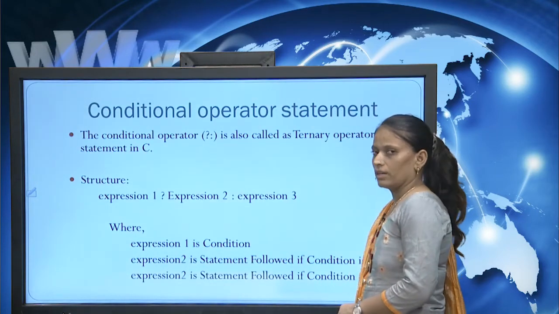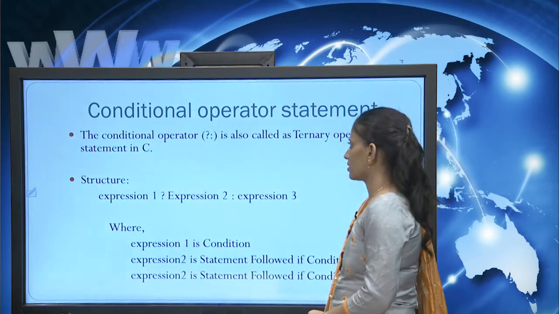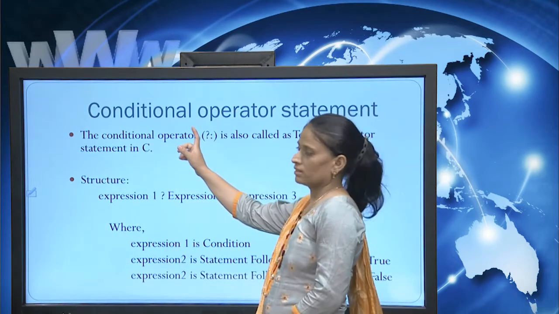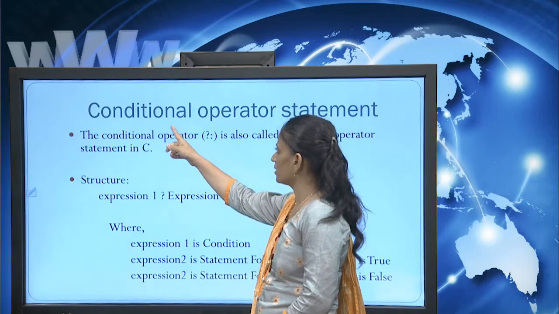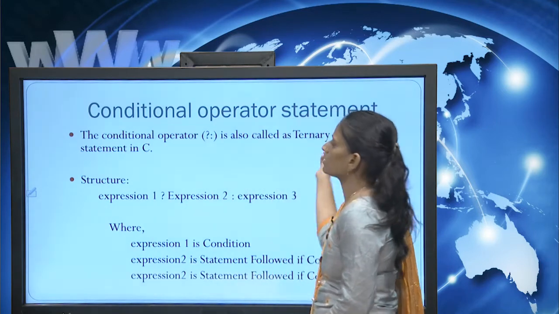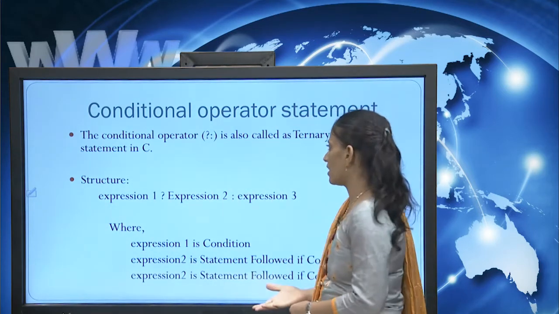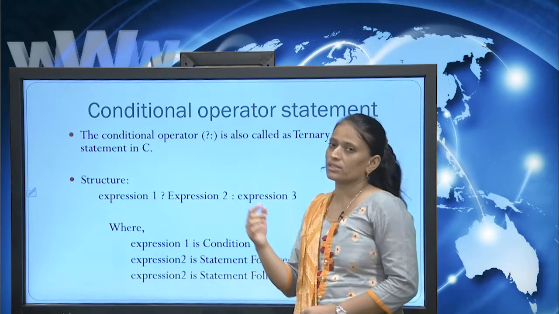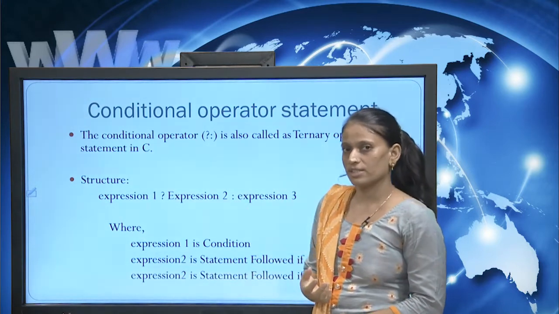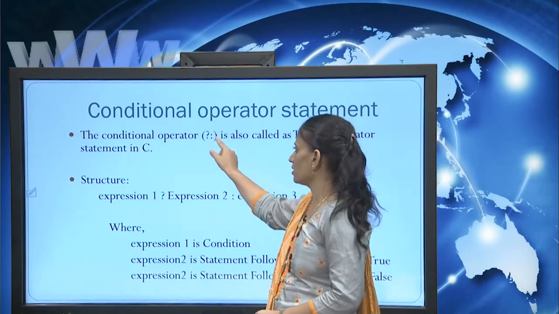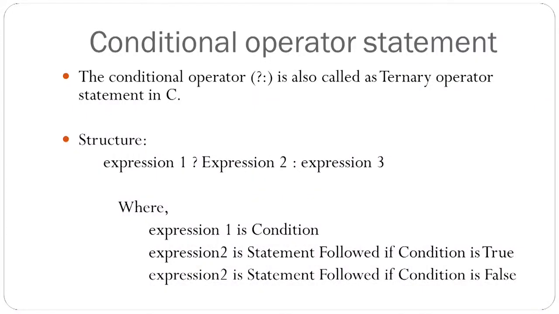Then in a conditional or decisional structure, we have the conditional operator statement, which is known as the ternary operator, and it is defined by the question mark and a colon. The structure is: it defines a specific expression 1 as the condition.